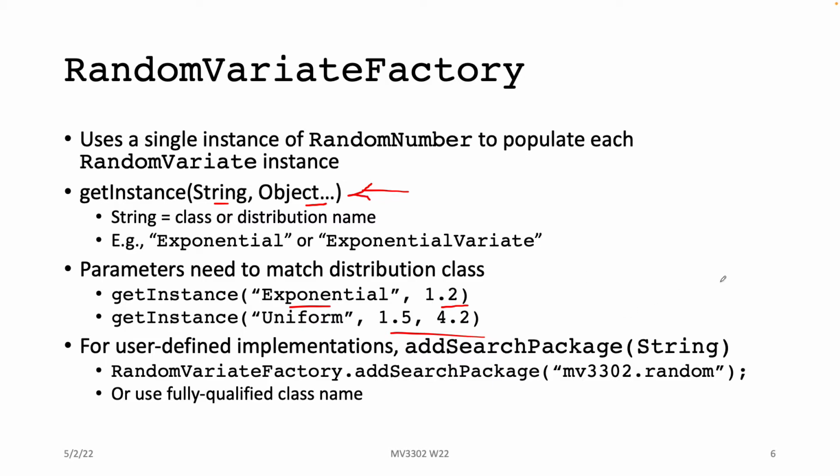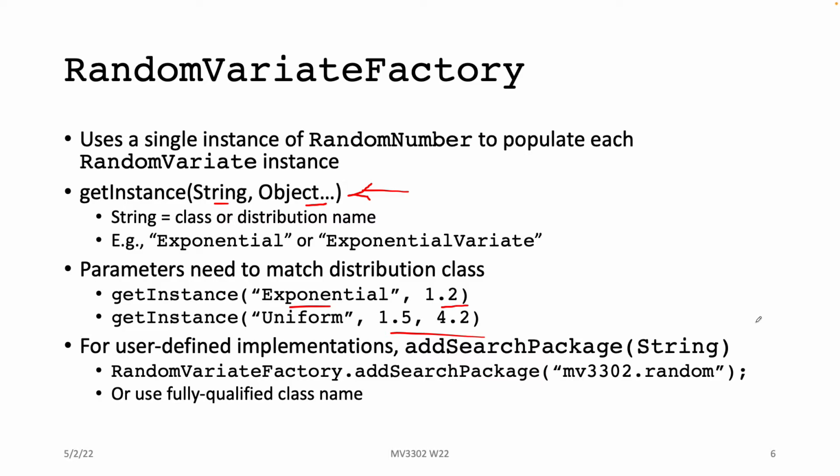Now, the built-in, if we just use the getInstance method out of the box, it looks in the SimKit jar file for the classes. And it's useful, though, to have the ability to use the random variate factory in the same way for user-defined classes.